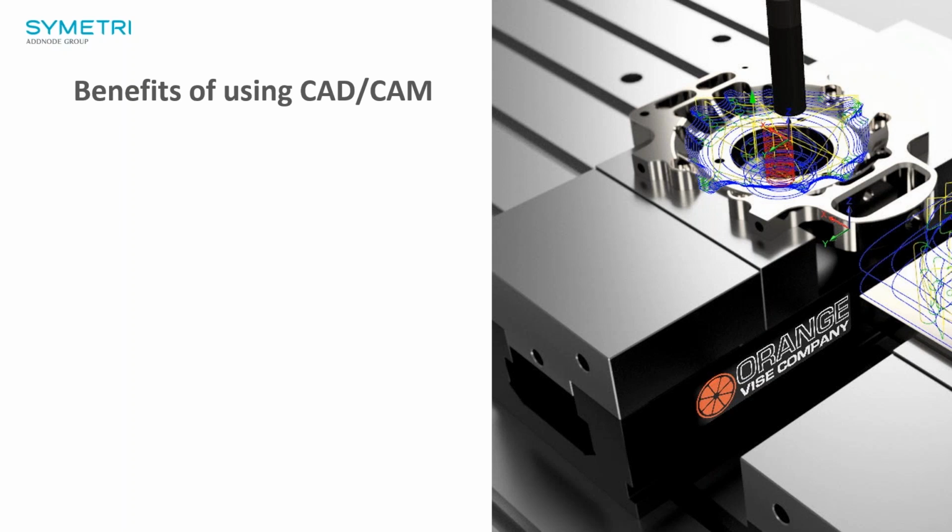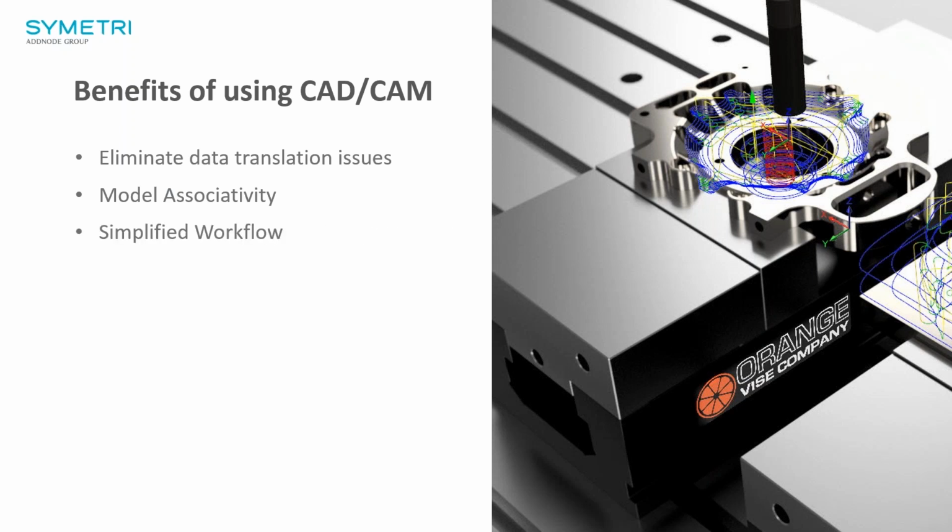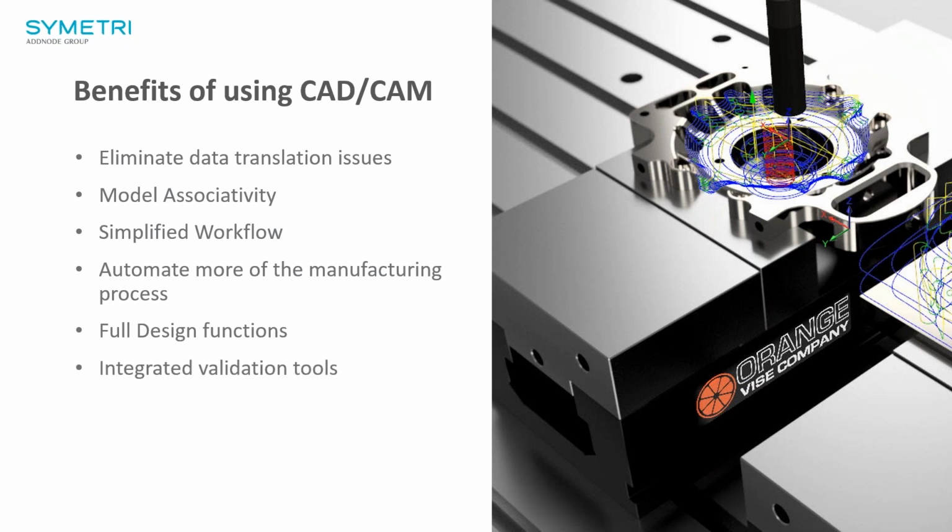So some of the benefits of using CAD CAM are eliminating data translation issues. When you've created your CAD model, how do you get it into the CAM? Model association is a must-have at times. You want to be able to change your model, and you want the CAM to update as well. Simplified workflows, automating more of the manufacturing process, full design functions, integrated validation of your tools.